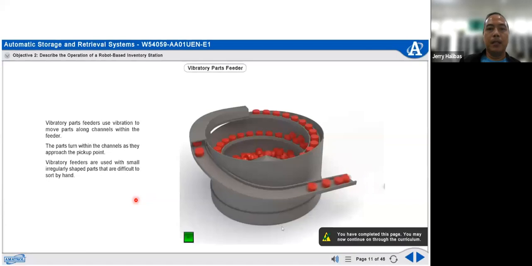Horizontal storage pallet. We also have a vibratory parts feeder. Vibratory parts feeders use vibration to move parts along the channels, especially when there is irregularity in the shape of the parts that is difficult to sort by hand.